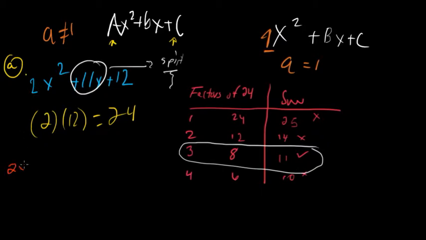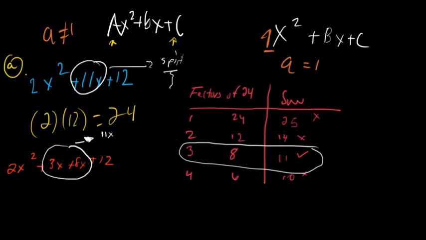So we bring 2x squared down, and instead of writing plus 11x, we write plus 3x plus 8x, and then bring down plus 12. The reason we split 11x into plus 3x plus 8x is so it becomes factorable. But that still adds to 11x, so we really didn't change anything. We just changed the numbers that are there, so it becomes factorable.